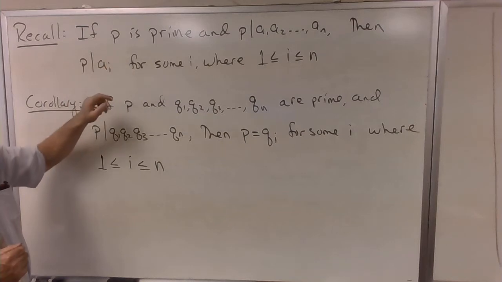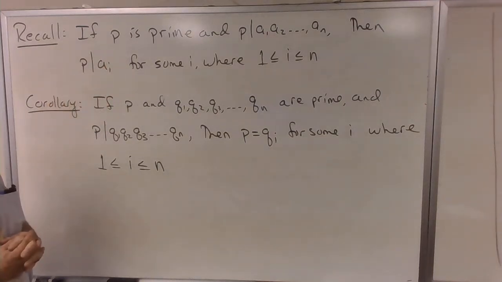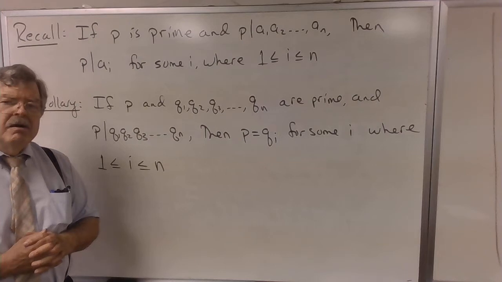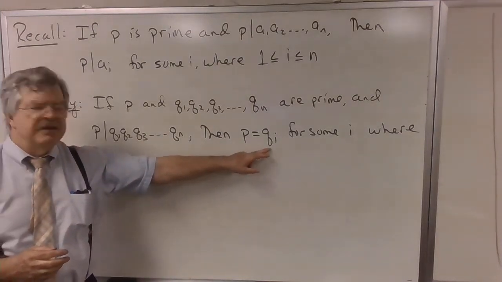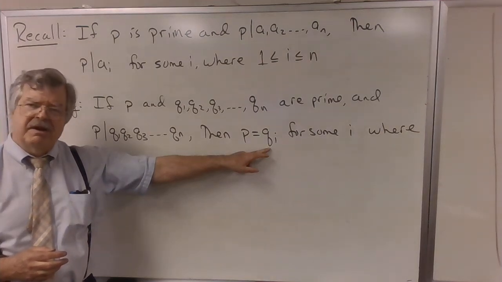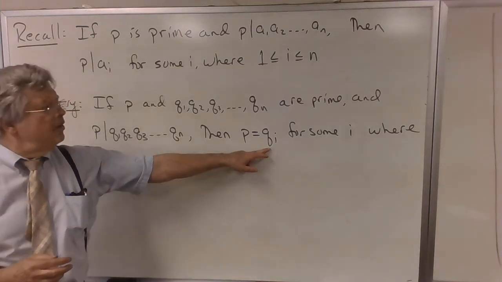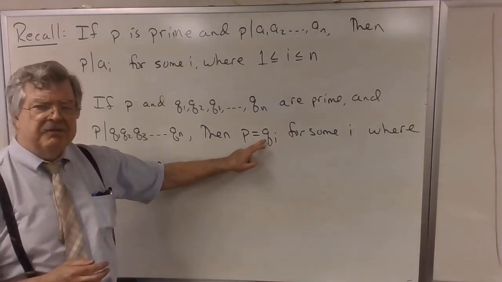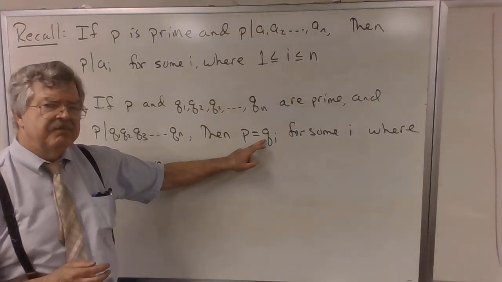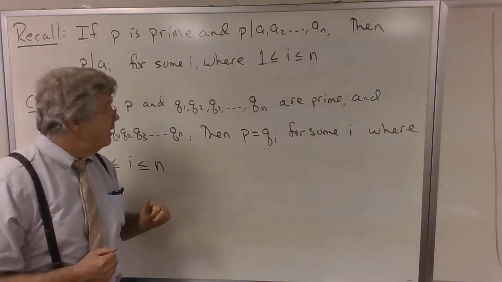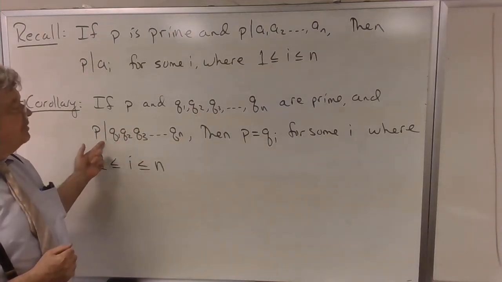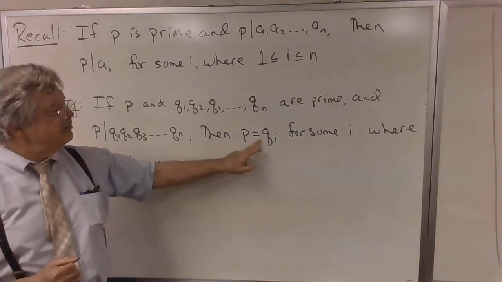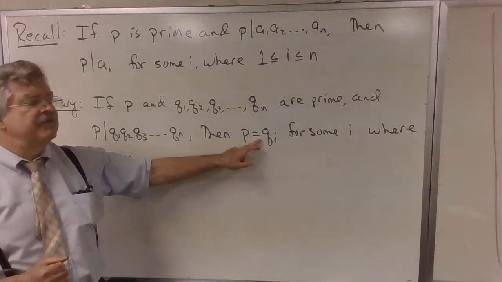This tells us that P has to divide one of those primes, which means that this prime has to equal the product of two natural numbers. Well, this prime only has two factors, one and itself. So apparently, if P divides the product of primes, not only does P divide one of these factors, P is equal to one of these prime factors.